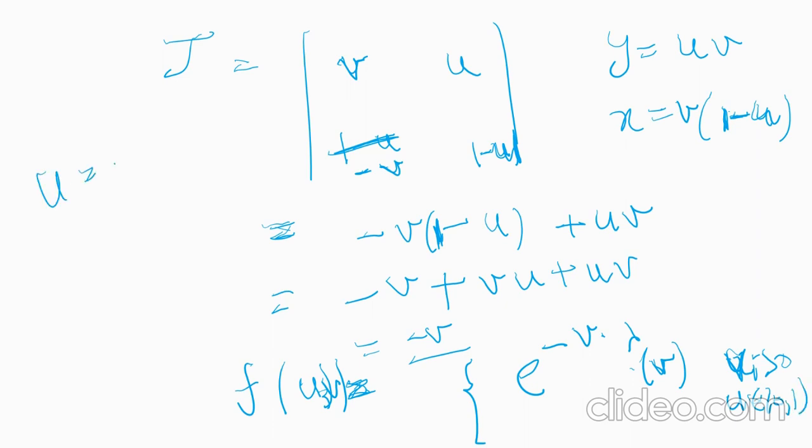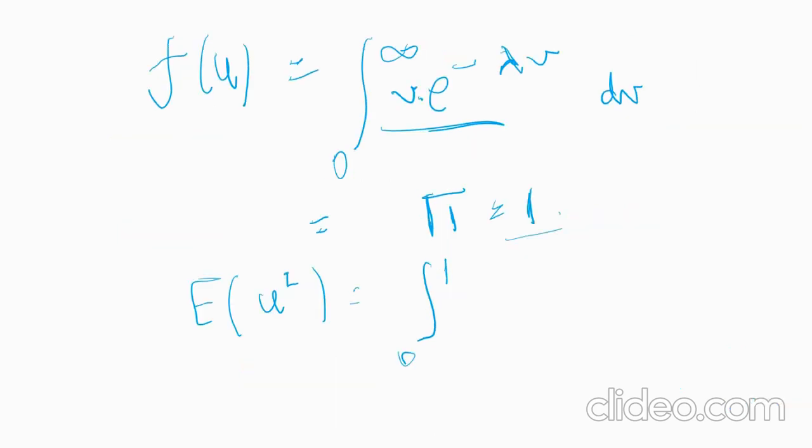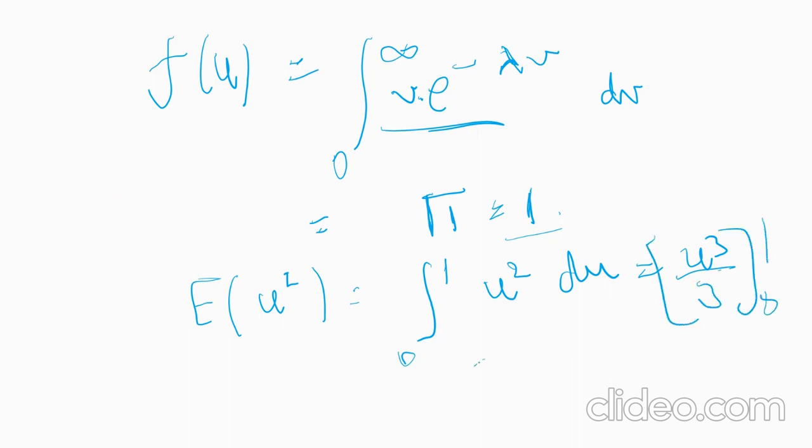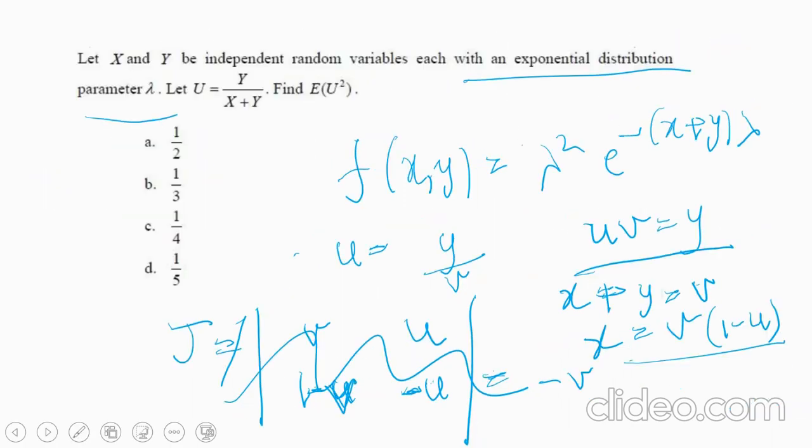Because u is x divided by x plus y, so x and y range over 0 to infinity, and u will be in between 0 and 1. So it will be the integral from 0 to 1 of u square du, which is u cube by 3 from 0 to 1, so that will be 1 upon 3.